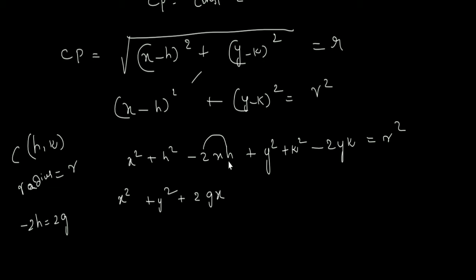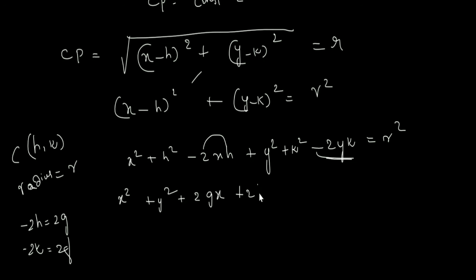So 2gx, some constant. This minus 2h is very difficult to remember, so we are writing it as 2gx. Then you have this 2yk term. Similarly, this minus 2k, we are going to write it as 2f.